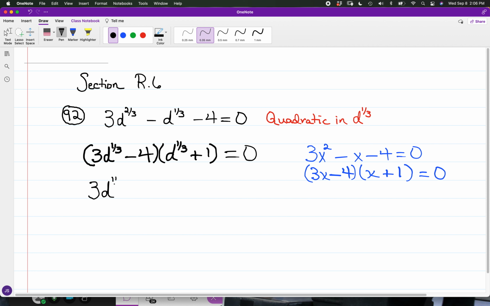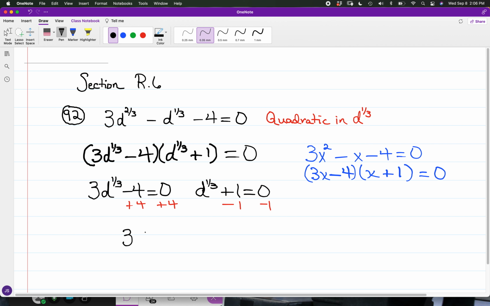So I have 3 times d to the 1/3 minus 4 is equal to 0, and d to the 1/3 plus 1 is equal to 0. If I look at separating the variable terms apart from the constant, I'm going to add 4 to both sides of the first equation and subtract 1 from both sides of the second equation.